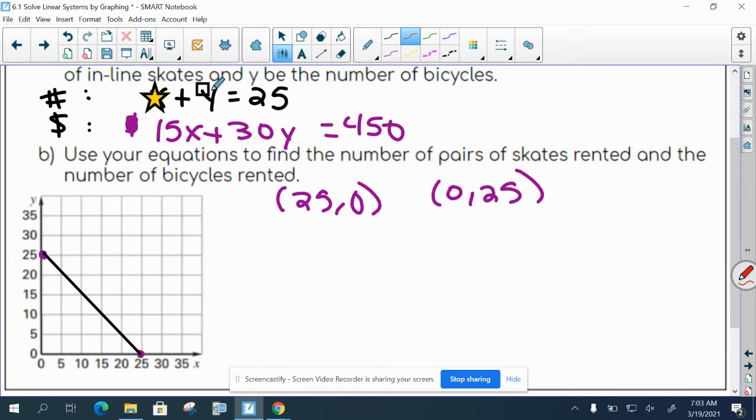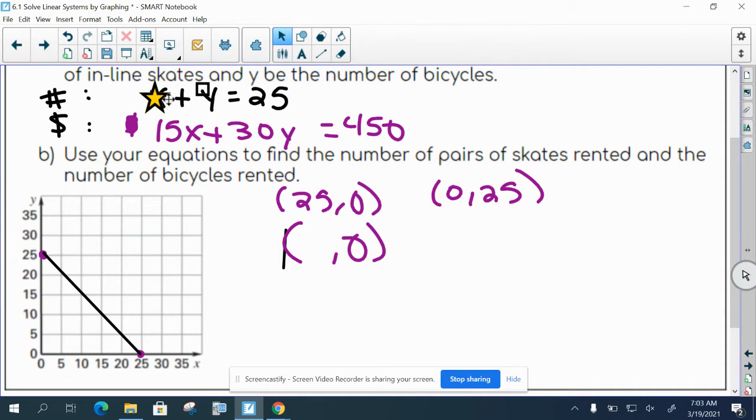For the other one, to find the x-intercept when y is 0, we cover up the y and divide 450 by 15.